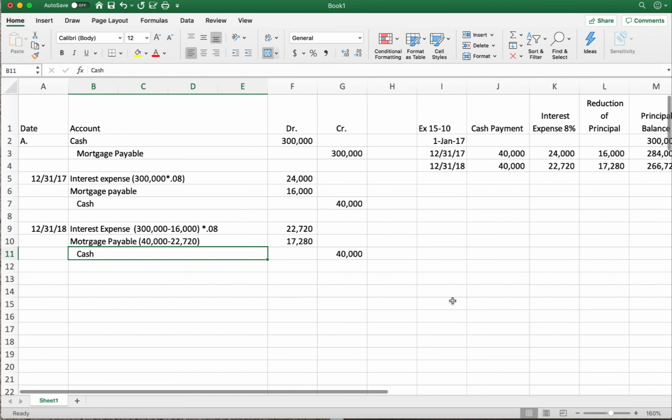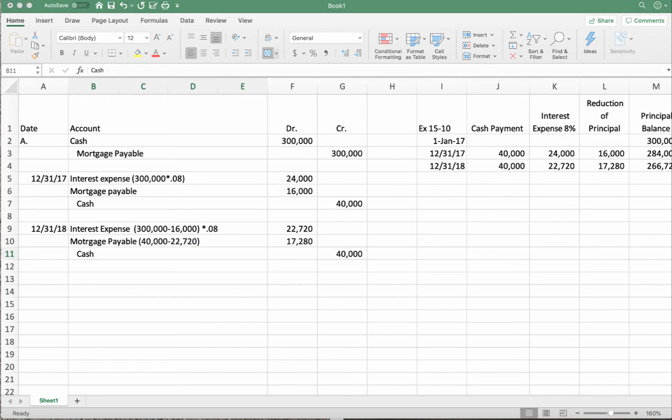Now, part B wants us to indicate the amount of mortgage note payable to be reported as a current liability and as a long-term liability at December 31st, 2017. That is so easy for us.